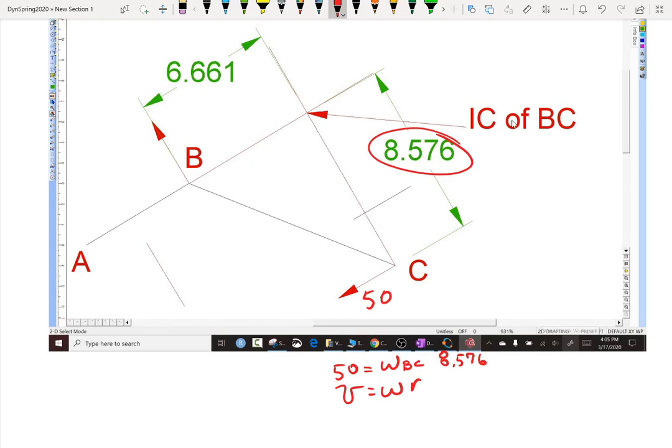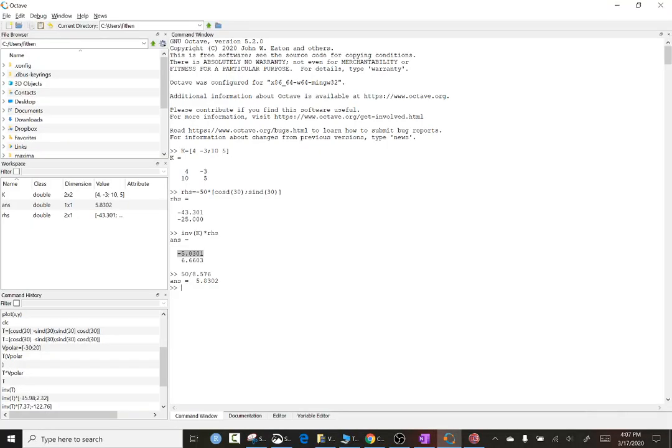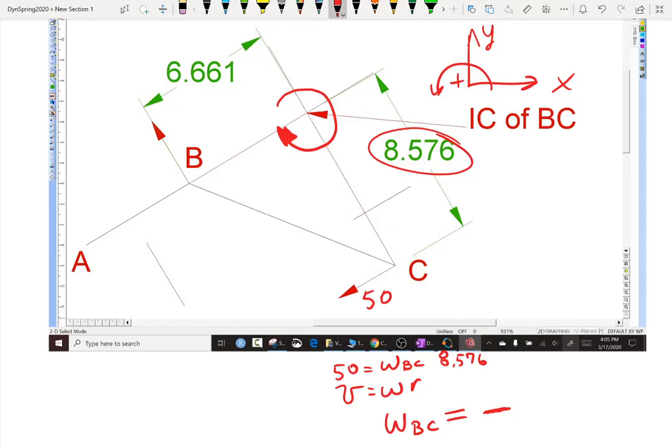Now, the key is it is obvious that the rotation is that way. We set our coordinates up so that this is X, this is Y, this is a positive rotation. So it turns out omega BC in a sense is a negative rotation, and I've already forgotten its value, 5.83.